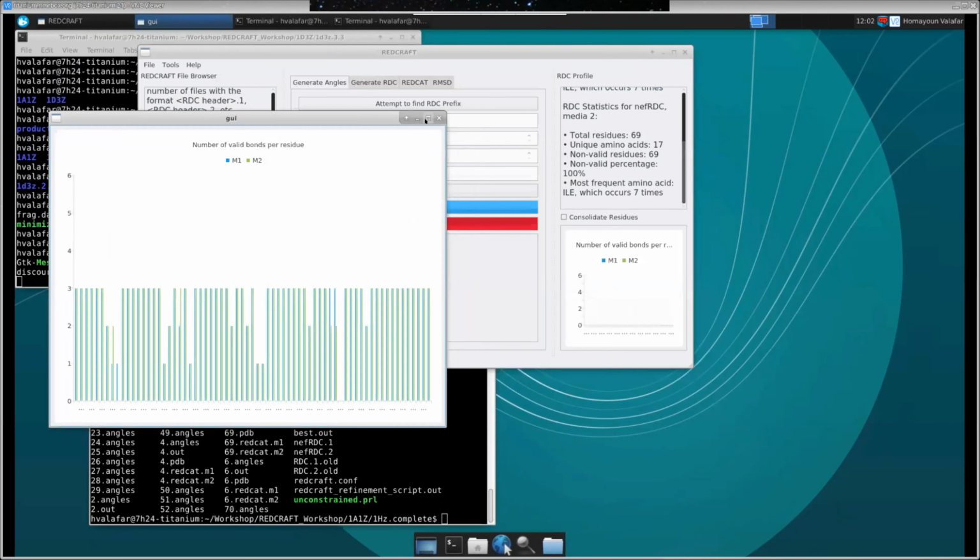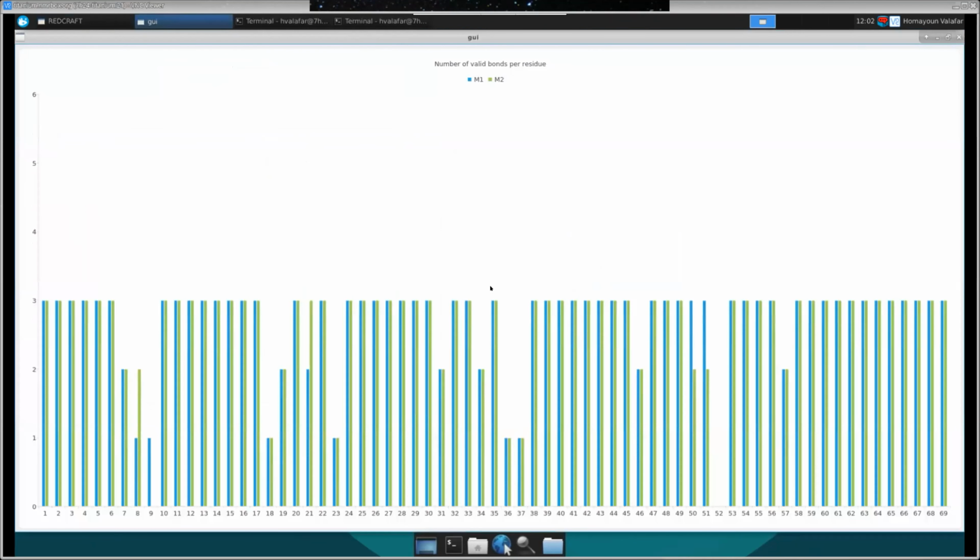So for example, when we were talking about where would be a good place to start with calculation of structure, you don't want to start from residue 36, 37, for example, because there's just only 1 RDC per alignment medium. So it would be better to start from a place that there is a higher data density.